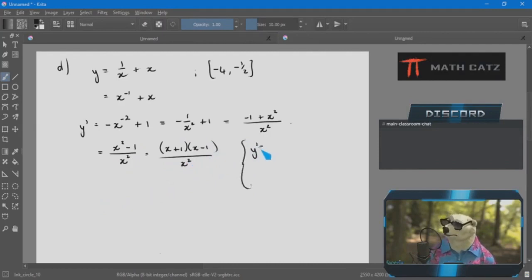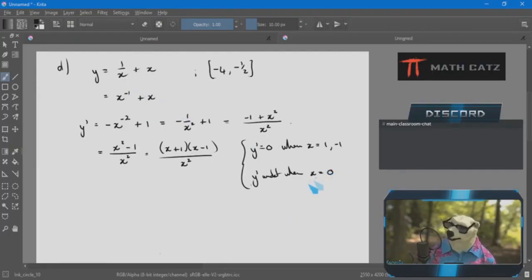Then I can say, oh, this derivative is 0, clearly when x is 1 or -1. And the derivative is undefined when x is 0. Okay. Now at 0, I have a vertical asymptote, right?